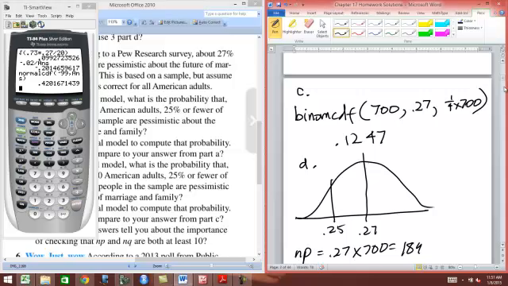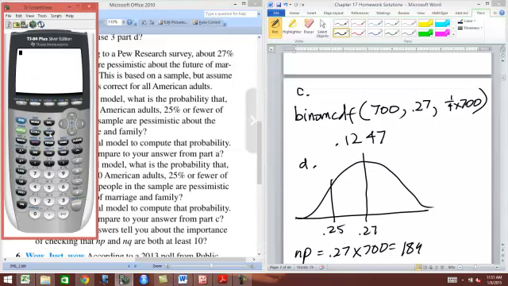Now the sample size for part C is 700. And so we do binom CDF again, just for the heck of it. So we'll do second, vars, and binom CDF.